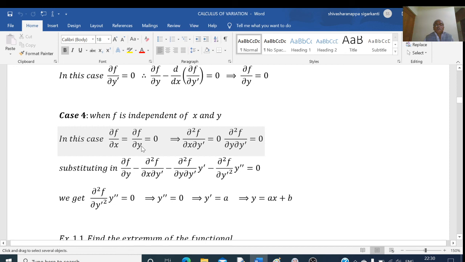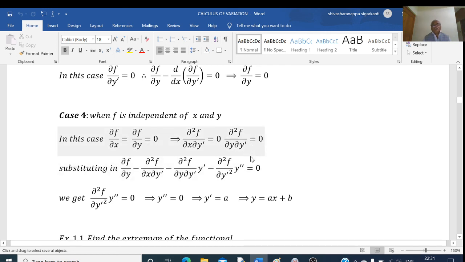Differentiating again with respect to y', I am getting ∂²f/∂y'² = 0. So if f is independent of both x and y, then we have ∂f/∂x = ∂f/∂y = 0 and ∂²f/∂x∂y' = 0. ∂²f/∂y'² is also equal to 0.